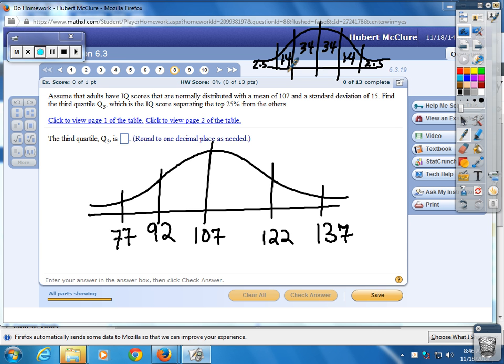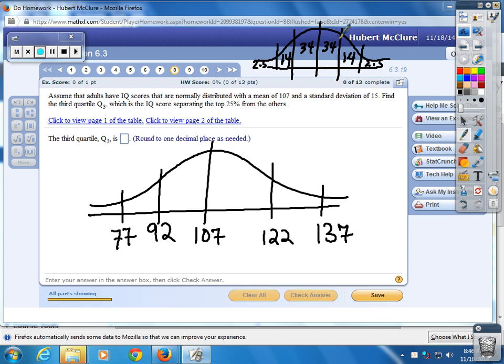So add up these. 34 and 34, 68. 68 plus what? 68 plus 14. That's 82, so that's too much. So 2.5 plus 14 is 16.5. 16.5 plus 34 is 50.5, 50 plus 34 is 84.